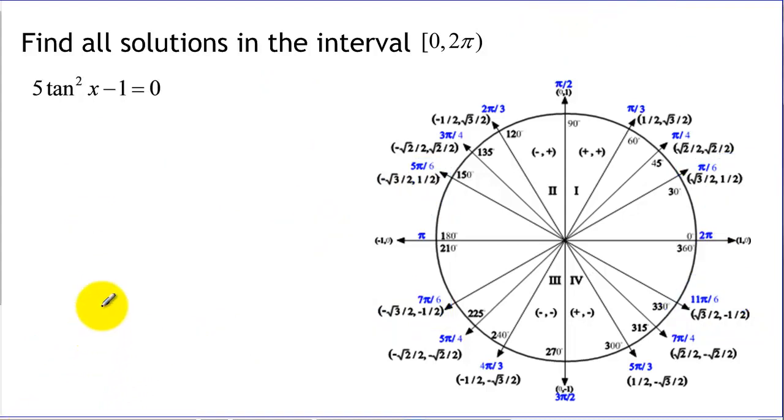We're going to be doing the same thing as we did, but this time it's not going to come out to be a perfect square. So we get tan squared. If I add 1 and divide by 5, we get 1/5, which is 0.2. Square root both sides.